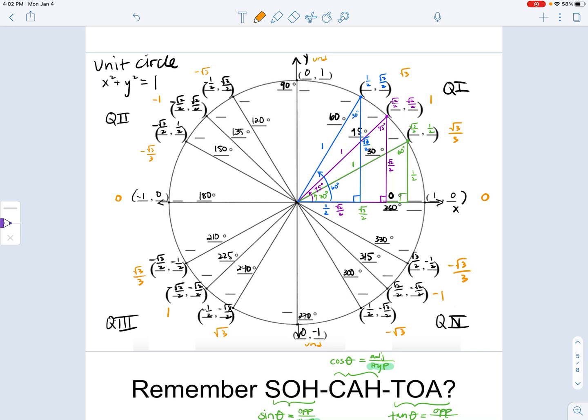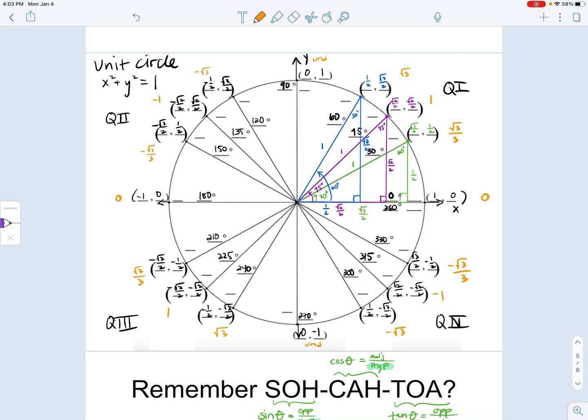Because especially going forward next year, you need to be very fast with evaluating the trig functions for any of the angles that are on the unit circle. It will be such a small part of the problem that you need to be very fast, and you shouldn't have to draw out the unit circle or look at a picture of it. You should have it memorized and be able to visualize.